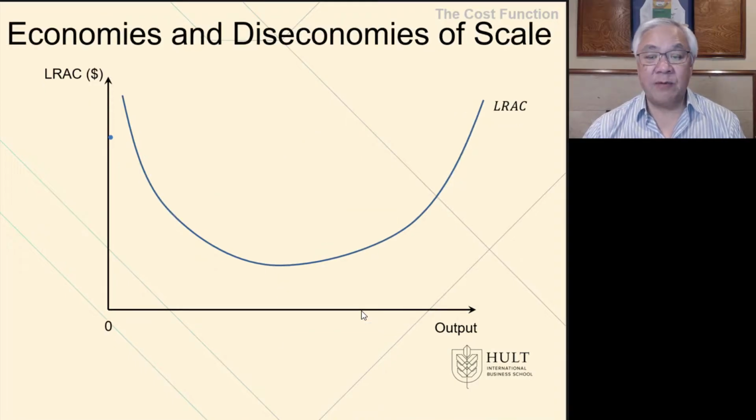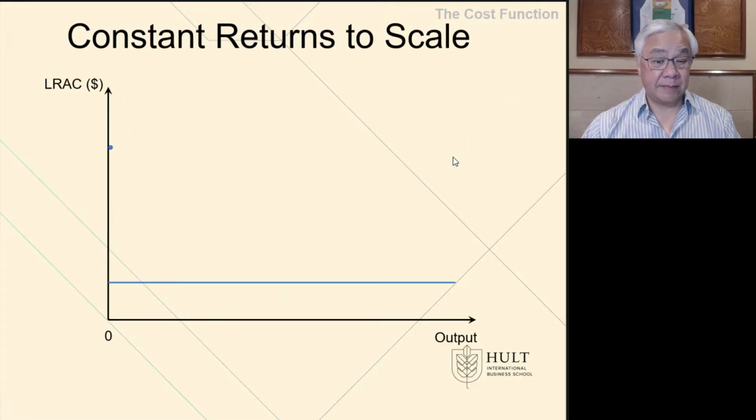So we see in summary that we just look at the endpoints, that the long run average cost curve shows this period where there's economies of scale hitting a bottom and then thereafter going to the diseconomies of scale. We may also see constant returns to scale.